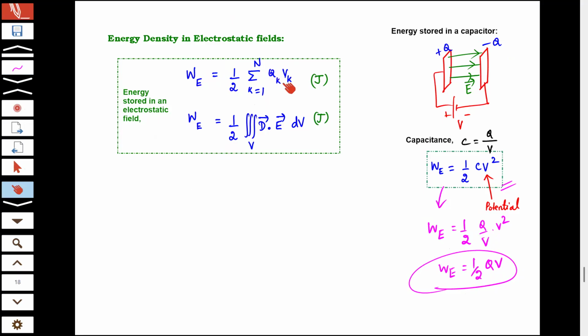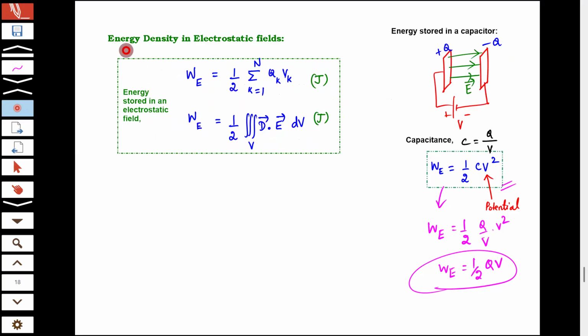In terms of field values, suppose we want to write the expression for energy stored in terms of the electric field or electric flux density, that is given by this expression: energy stored is half into volume integration of D dot E dV. We know energy is indicated in the units of joules. So this is the expression for energy stored in terms of field quantities, and this is the expression for energy stored in terms of charge and potential.